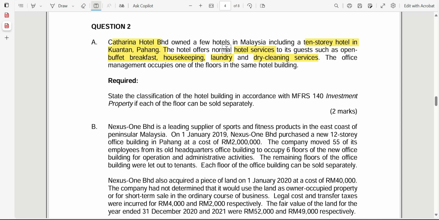You can see that the hotel provides services, which are buffet breakfast, housekeeping, laundry, and dry cleaning. So in this case, the building looks like an item of owner occupied property, because not only is one floor occupied by the management, but the remaining floors, the nine floors, are all used to offer services.